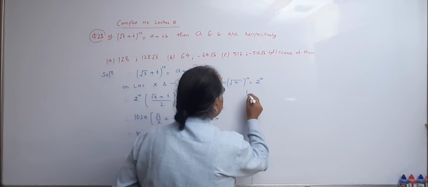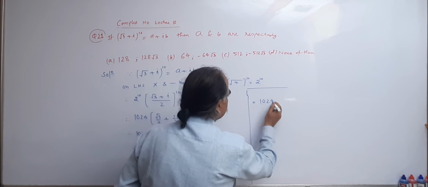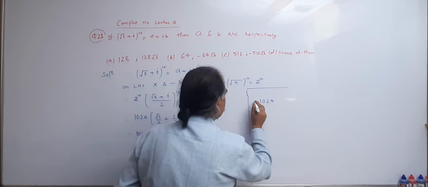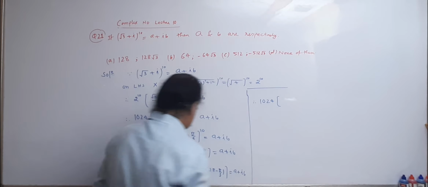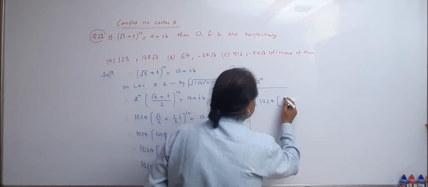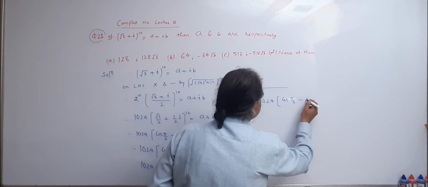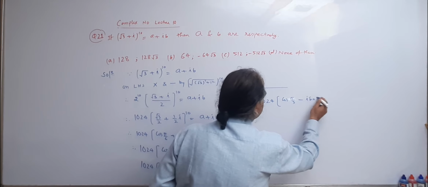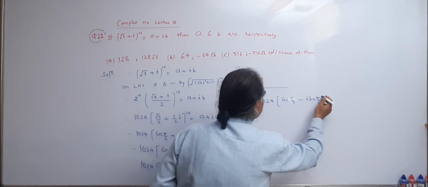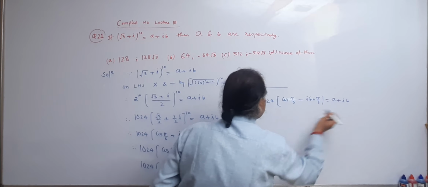Is equal to 1024 (cos 2 pi minus pi by 3 is cos pi by 3, minus i sin pi by 3) is equal to a plus ib.